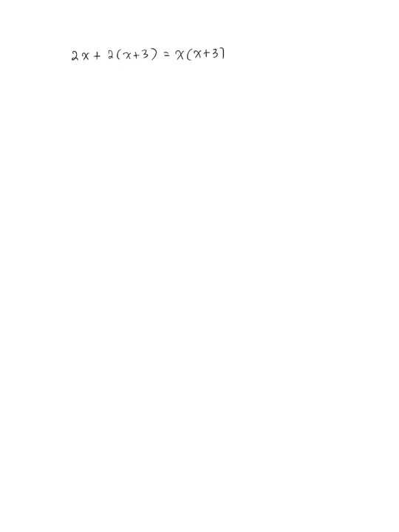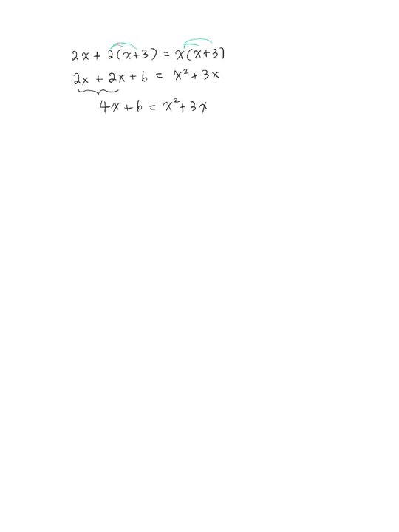Alright, now let's keep going. Now I'm going to distribute this 2 to each term to get 2x plus 2x plus 6 equals, and now I'm going to distribute this x to each term to get x squared plus 3x. Alright, so now what can we do? I think we can keep going by combining the like terms. So here we're going to get 4x plus 6 equals x squared plus 3x.